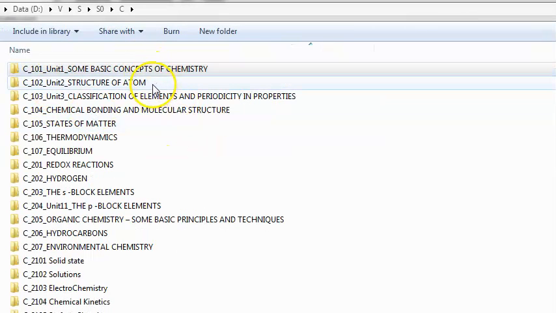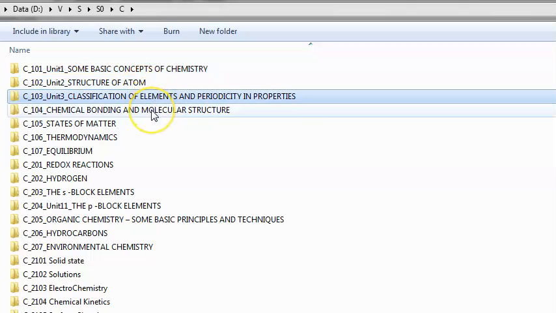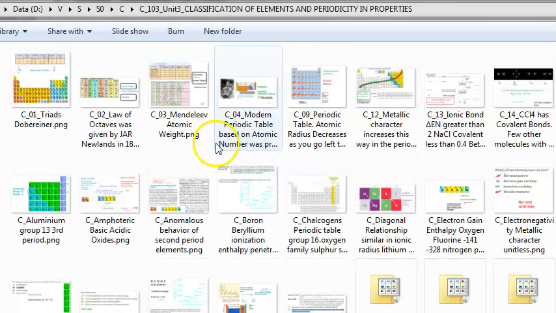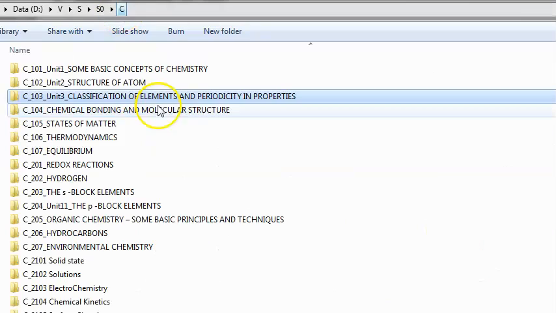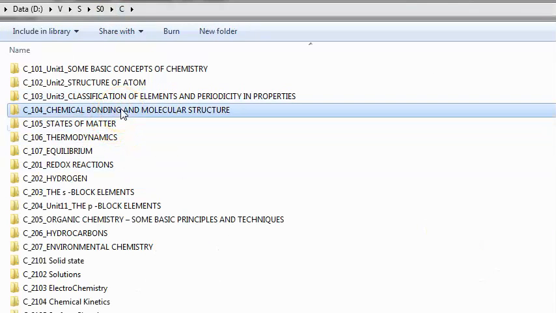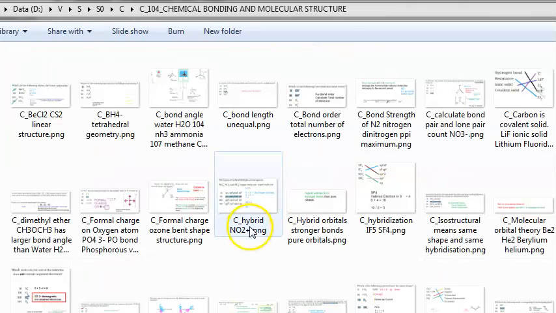Chemistry in 11th, what you will see: basic concepts of chemistry, structure of atom, classification of elements, periodicity. My God, the periodic table, you should know every detail, where which element is and all that. Chemical bonding and molecular structure. What is there in this?